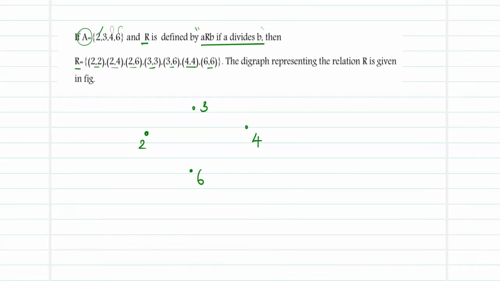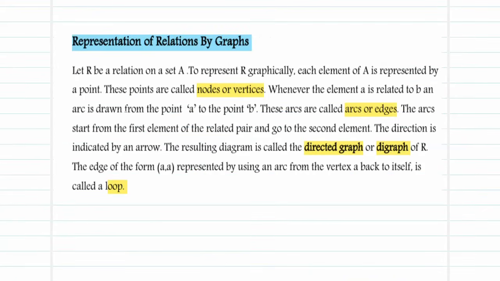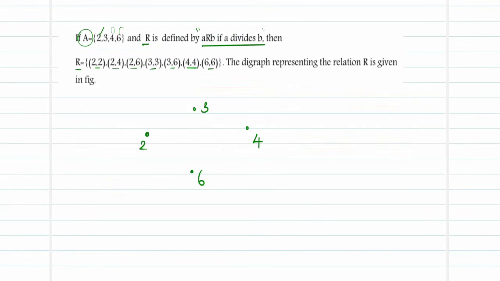Now, after plotting the points, we draw an arc from the point A to the point B if A is related to B. Since 2 is related to 2 itself, we start from 2 and end an arc in 2 itself. This kind of arc which starts at a vertex and ends at the same vertex is called a loop.